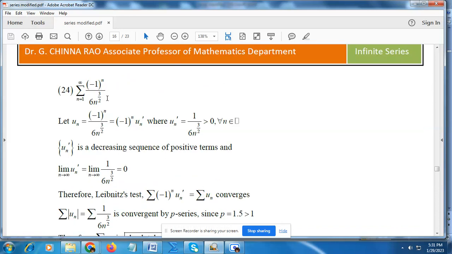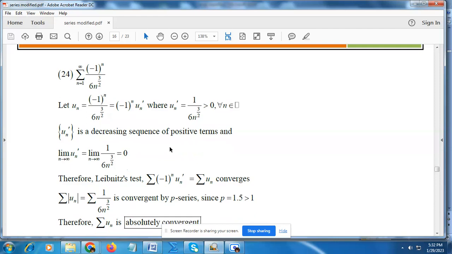Sigma minus 1 whole power n by 6n power 3 by 2. It is also the same. Take un dash as 1 by 6n power 3 by 2, greater than 0 for all n belongs to capital N. So un dash is greater than un plus 1 dash for all n. First condition satisfied.